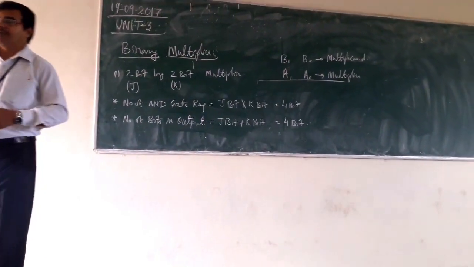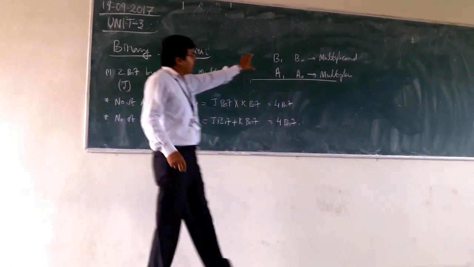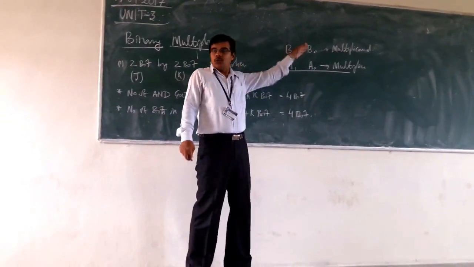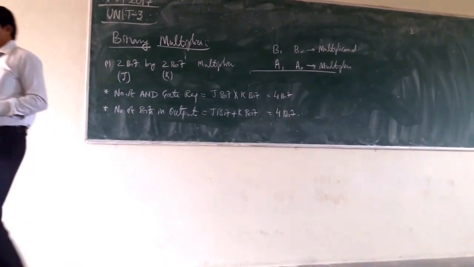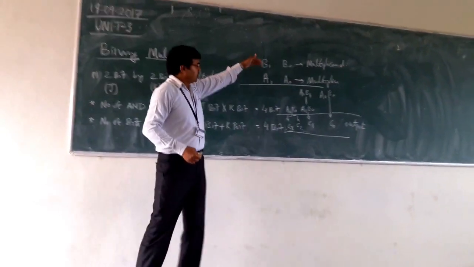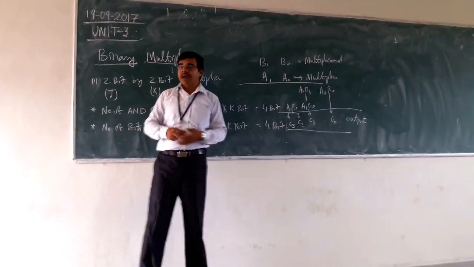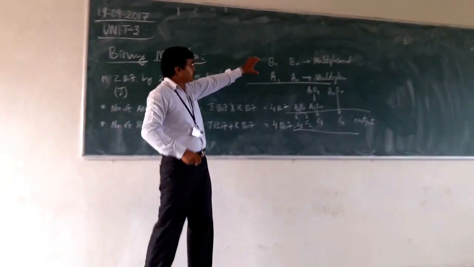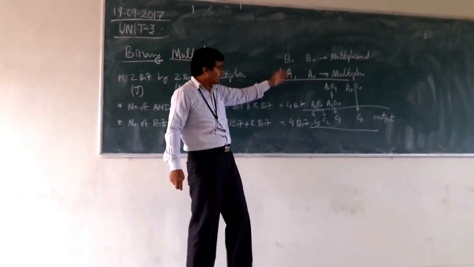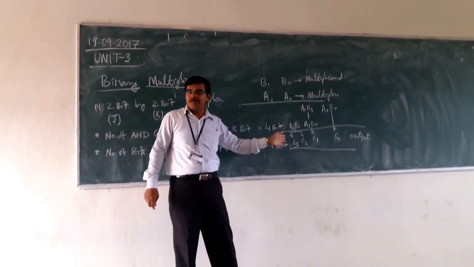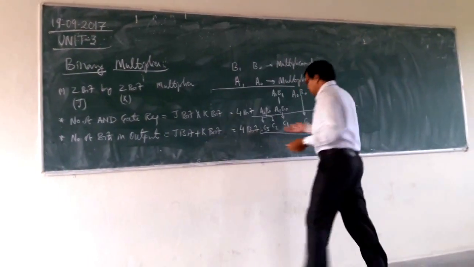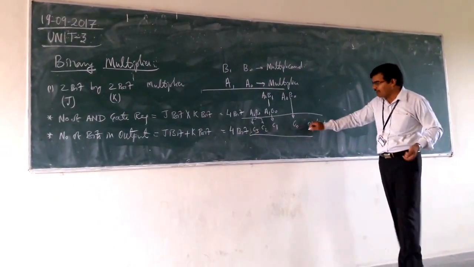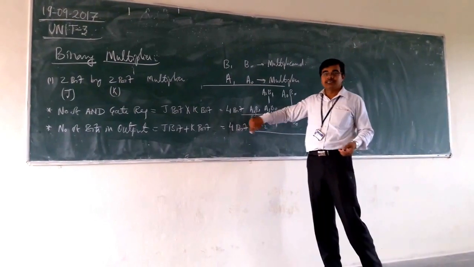Before designing, we will see that as you are having these 2 bits, we can go for the multiplication of these 2 bits. In the general multiplication that we have studied, if you have these 2 numbers and multiply them, we have something like this, and this is your output. In the output you have C0, C1, C2 and C3.